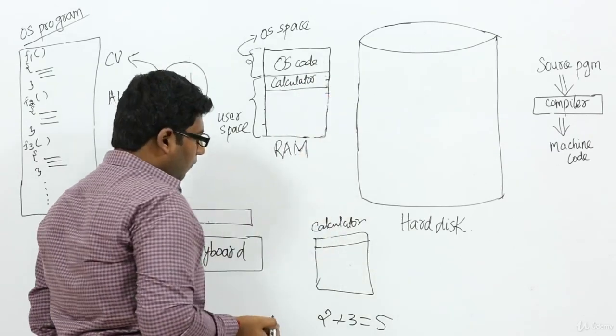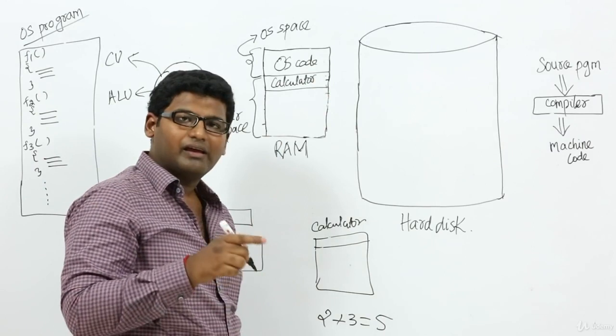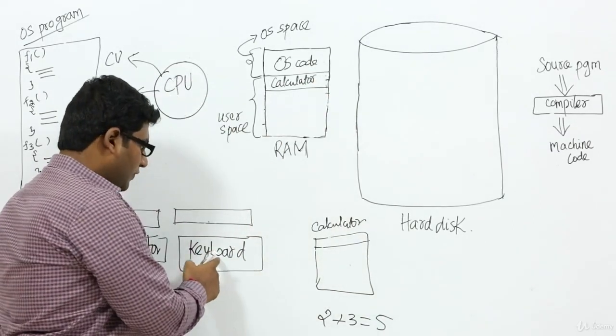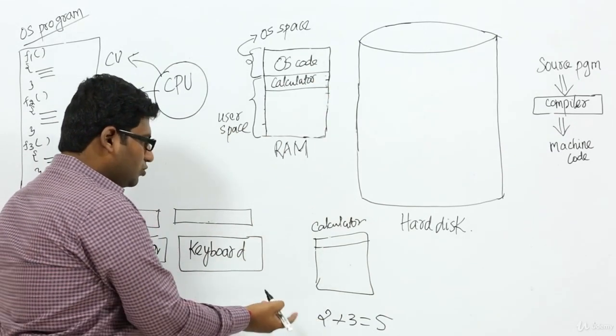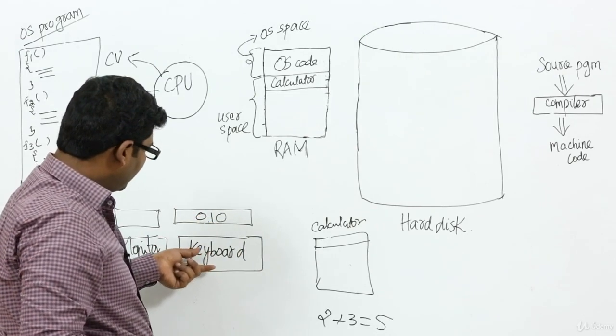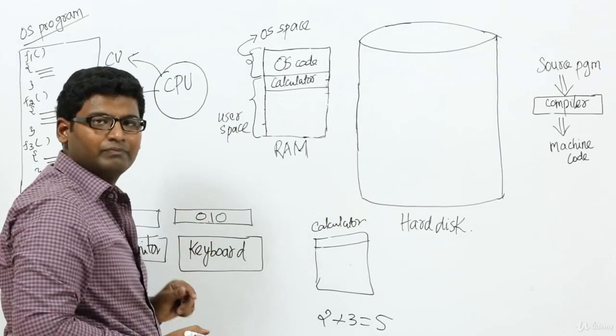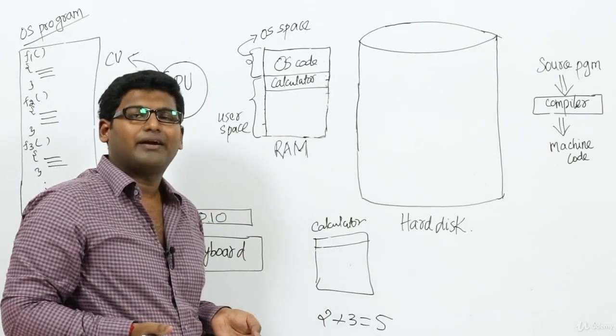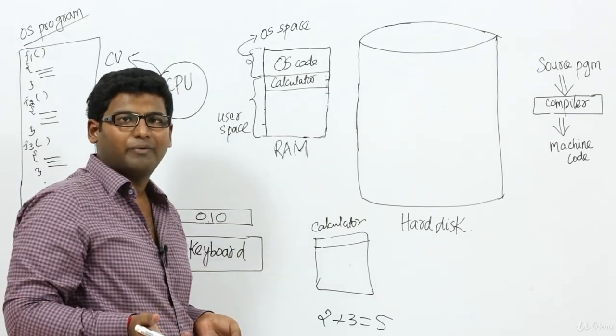Fine. Now whenever I press the key 2 on the keyboard, 2's binary format, which is 0 1 0, right, will come into the buffer. Why does this come as binary format? Because computers can understand only binary format, right?